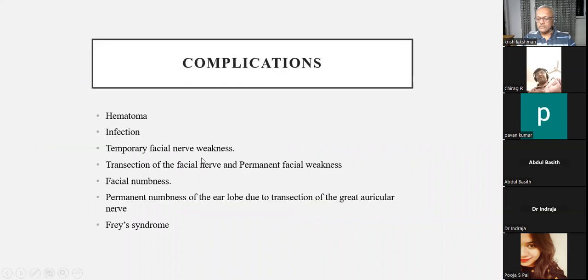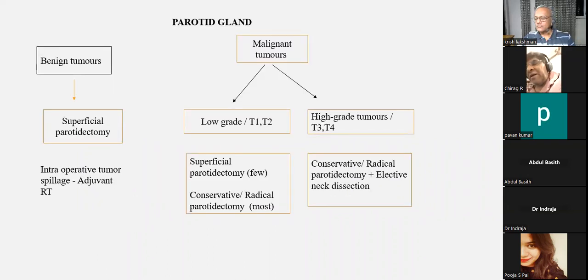See, again, I think the facial nerve is an extremely important structure, and unless it is seen to be infiltrating and the tumor is a high grade tumor, you can still spare the nerve, and if there is any residual tumor on the histology, you can consider giving them radiotherapy.